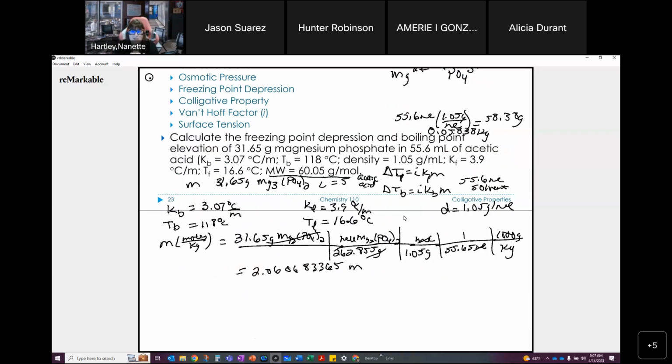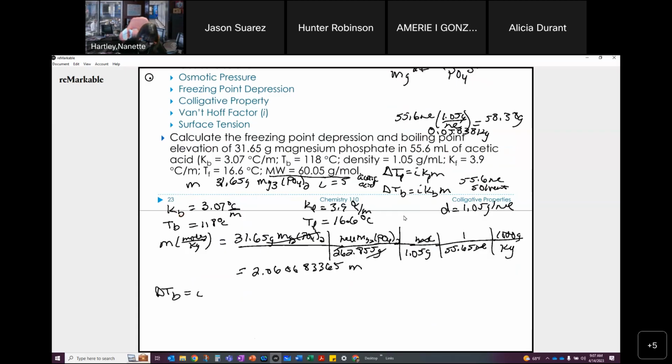Okay, fine. So I now want to calculate my delta TF and delta TB. Because I wrote this in this order, KB, TB over here, and KF, TF over here, I'm going to calculate delta TB first because that makes my head happy.